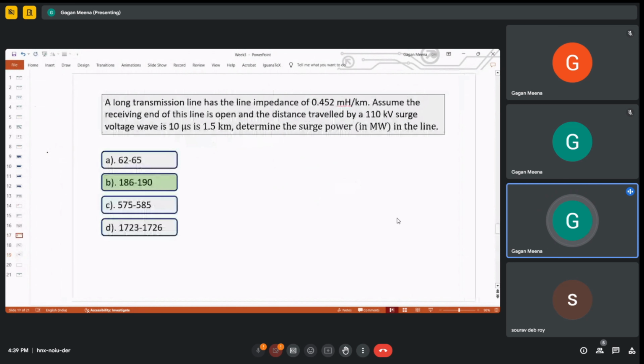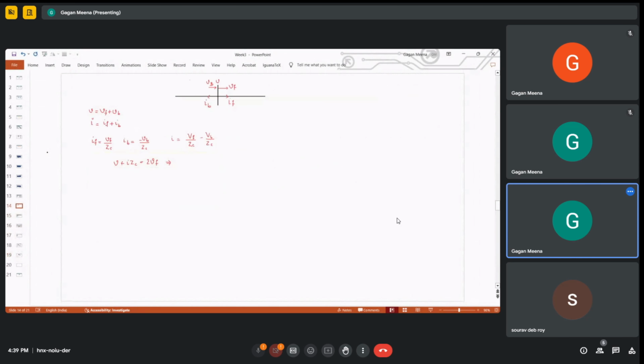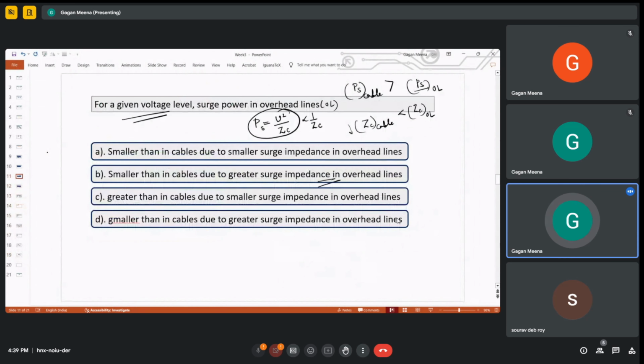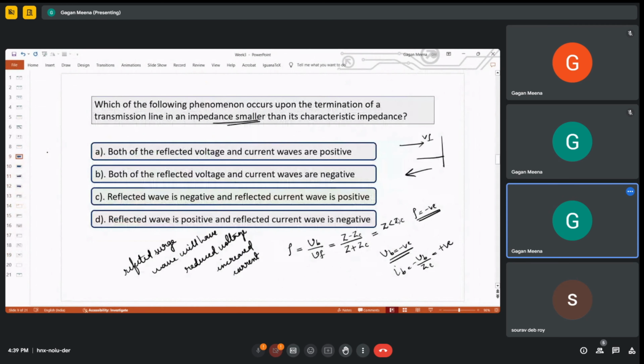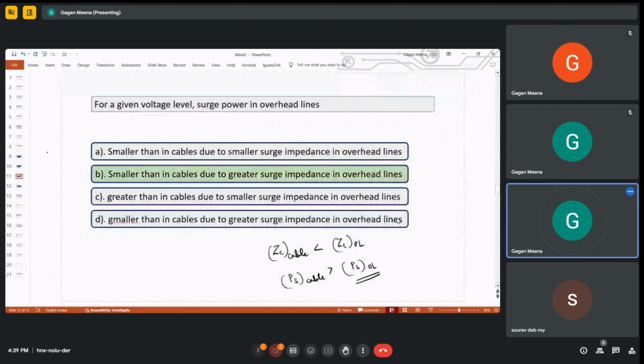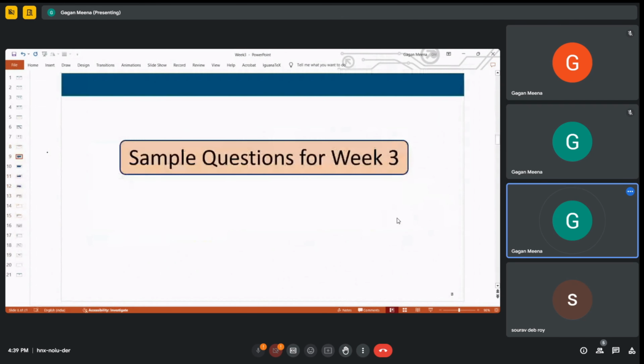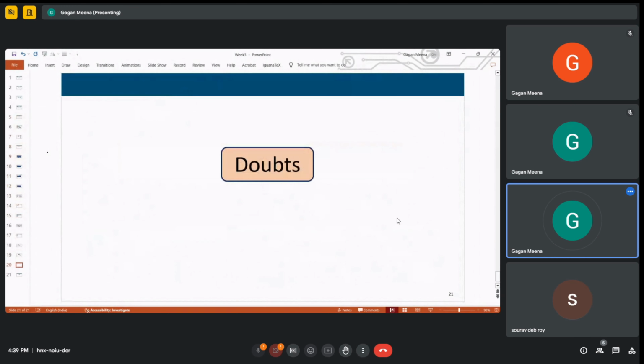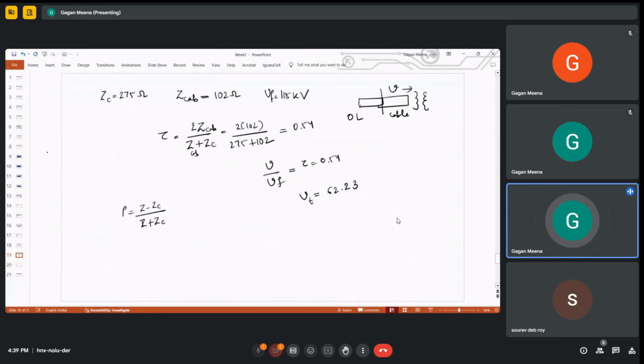And also we saw another relationship we found, right? Where is that? Now I've missed that. Okay, leave it. You can directly see here, it is Z minus ZC upon Z plus ZC.